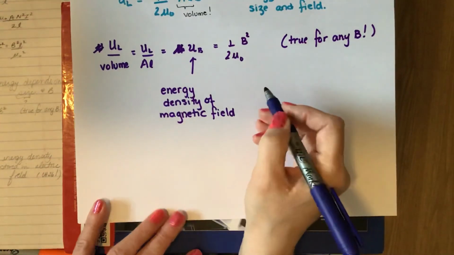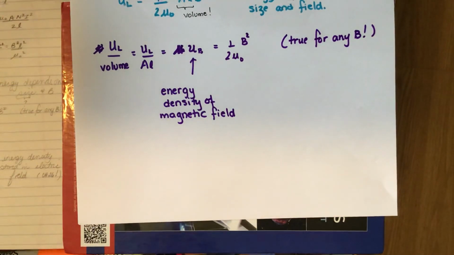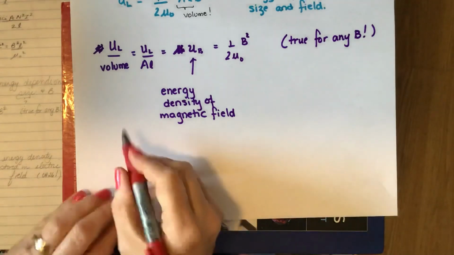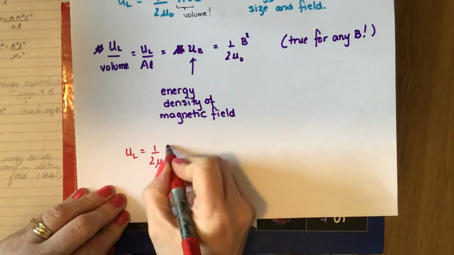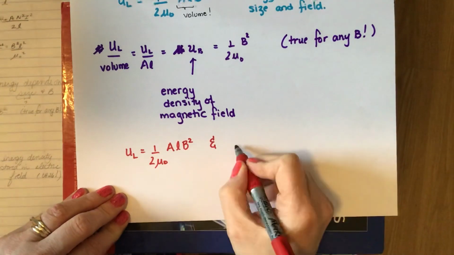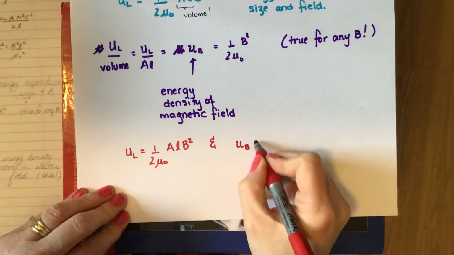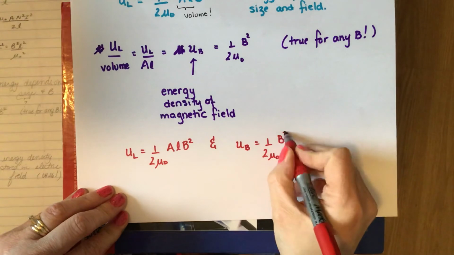So then, I think I'm just going to write that down again so it looks nice. Sometimes it's nice to have your equations all in one place. So UL equals 1 over 2 mu naught A times L times B squared. That's the energy. And the energy density is 1 over 2 mu naught times B squared.